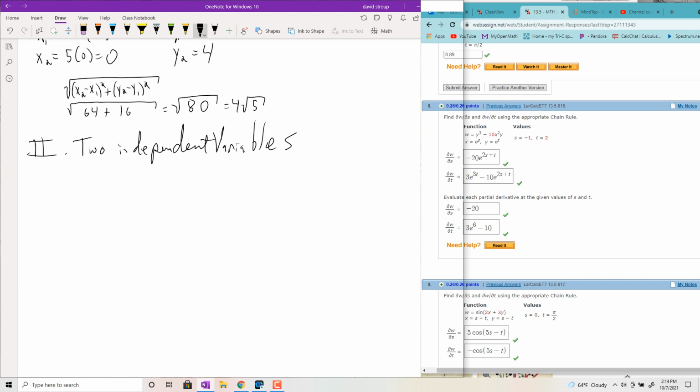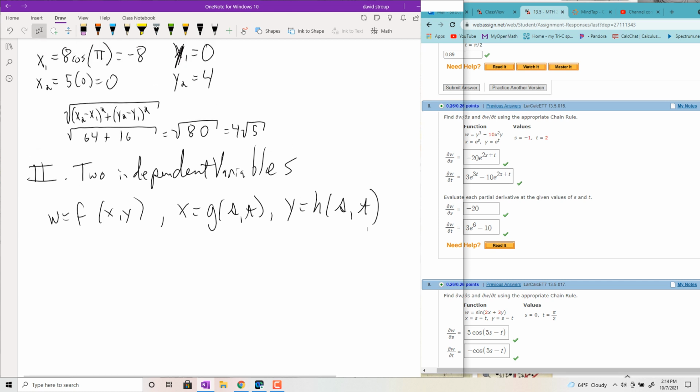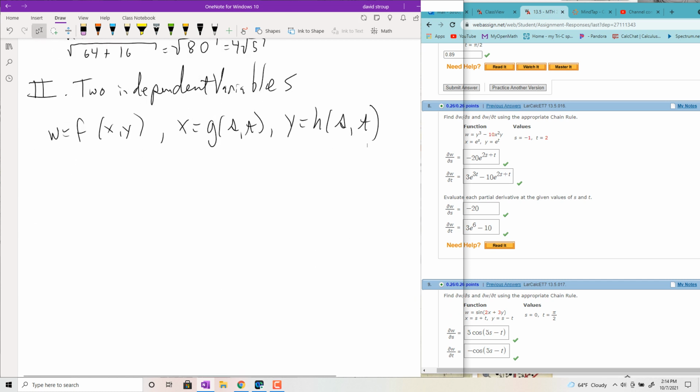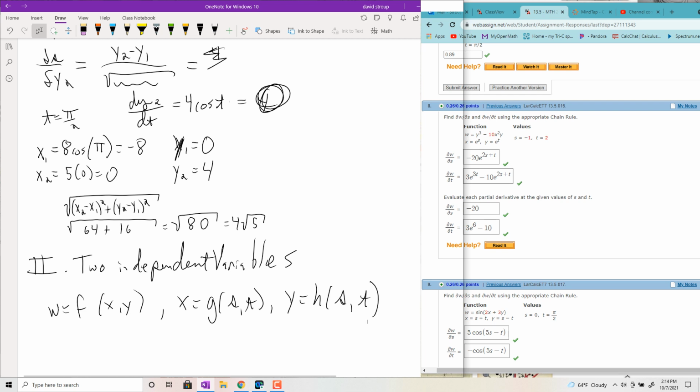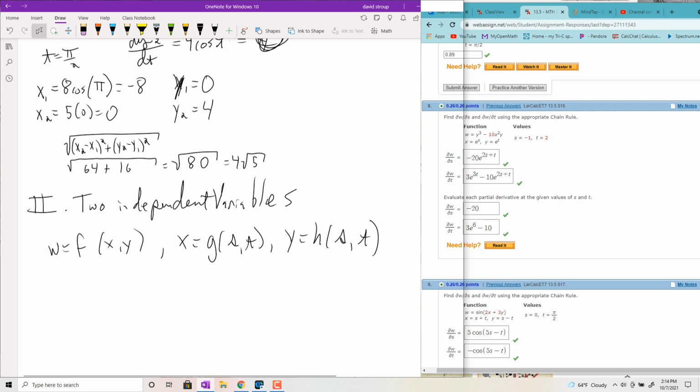And so W will be in terms of 2 variables, but then the x and y will be in terms of 2 variables. So in this case, you're not going to be able to get the derivative of W with respect to t, so to speak. It'll be a partial.